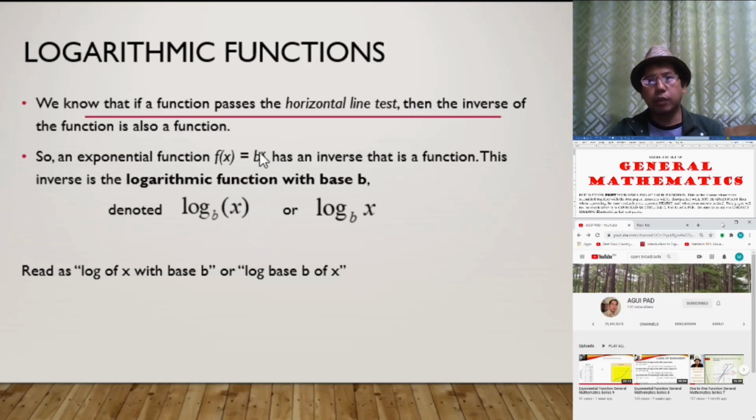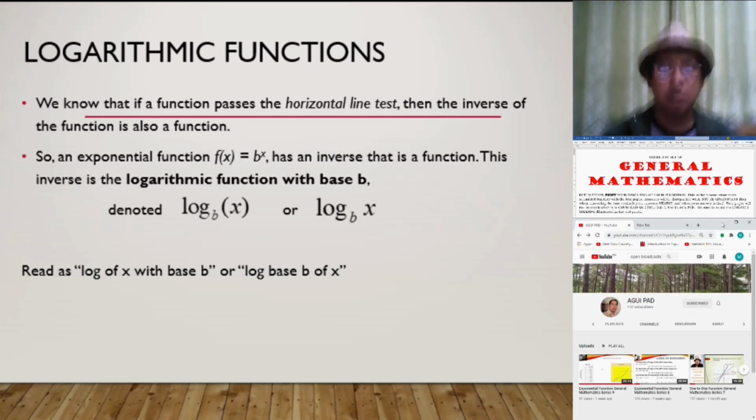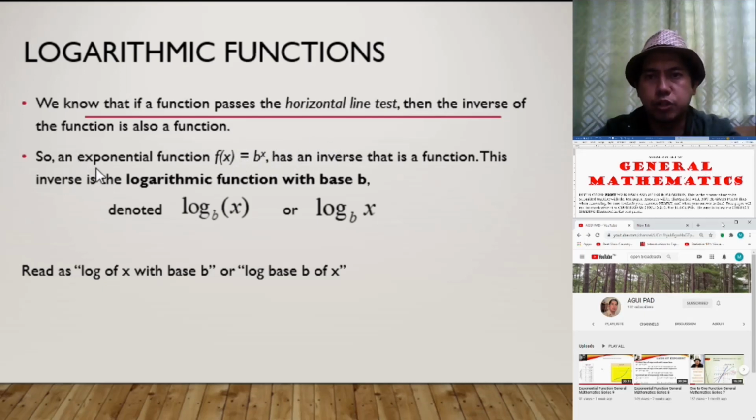When a function passes the line test, meaning it has an inverse function, there is a one-to-one correspondence.